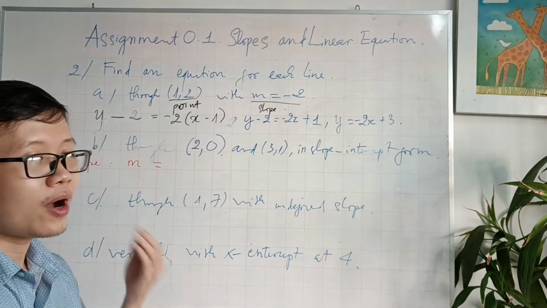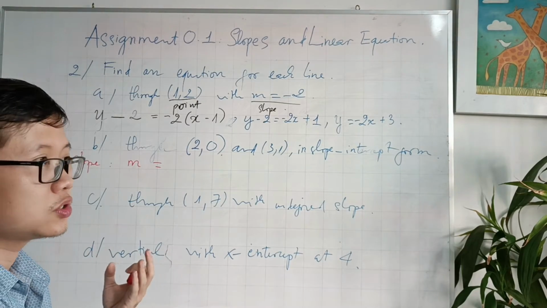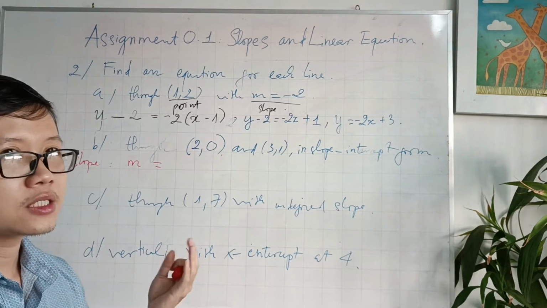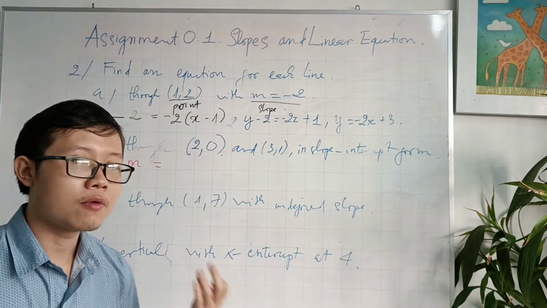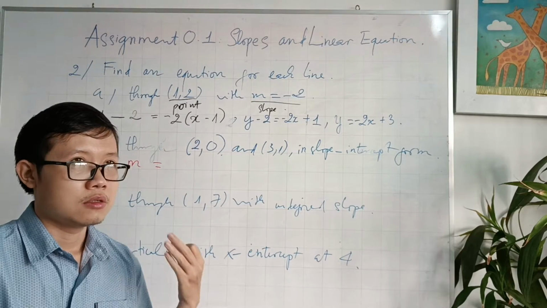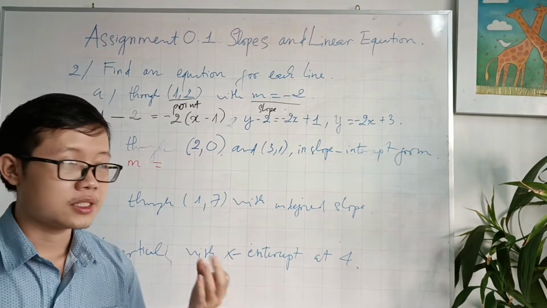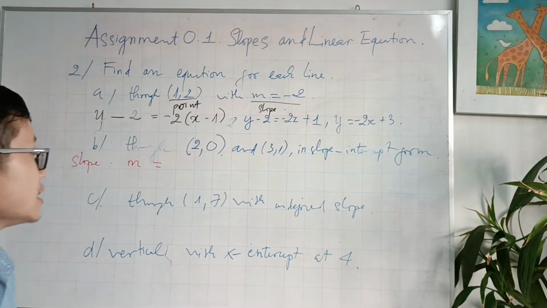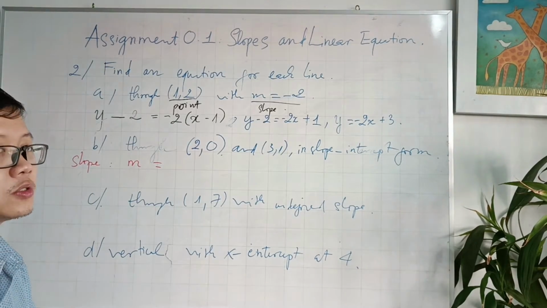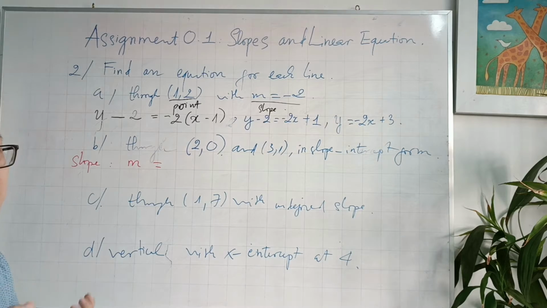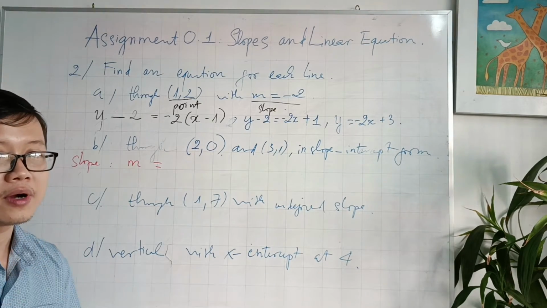It is (y1 minus y2) over (x1 minus x2), or (y2 minus y1) over (x2 minus x1), respectively. It is not important whether you use y1 or y2 first, but if you use y1 first, then in the denominator you must use x1 first. It is respectively the coordinates (x1, y1) and (x2, y2).